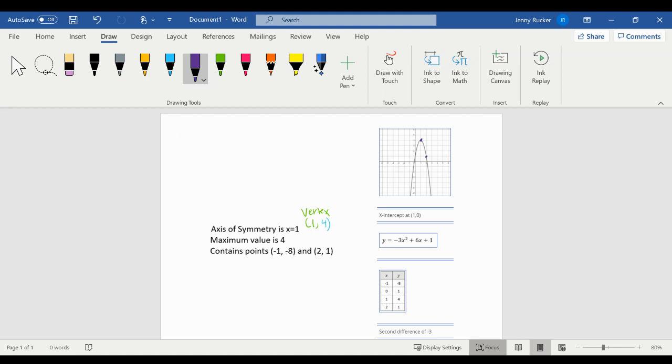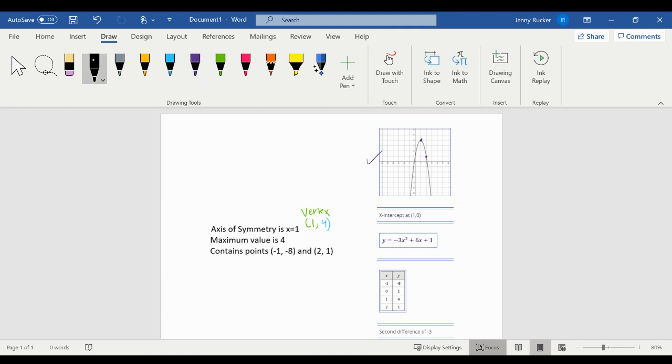Let's move on to our second choice. X-intercept of (1, 0). If our vertex lies at (1, 4), we cannot have an x-intercept at (1, 0).